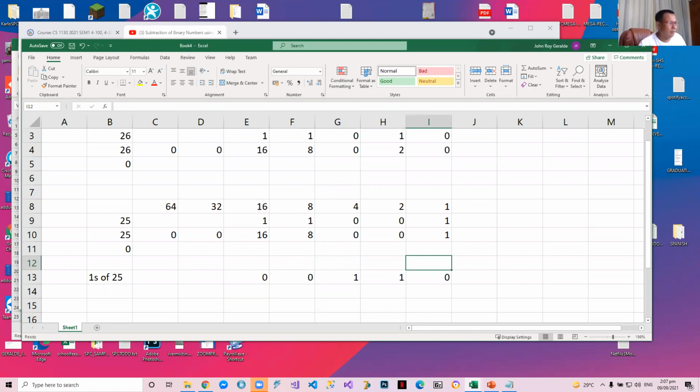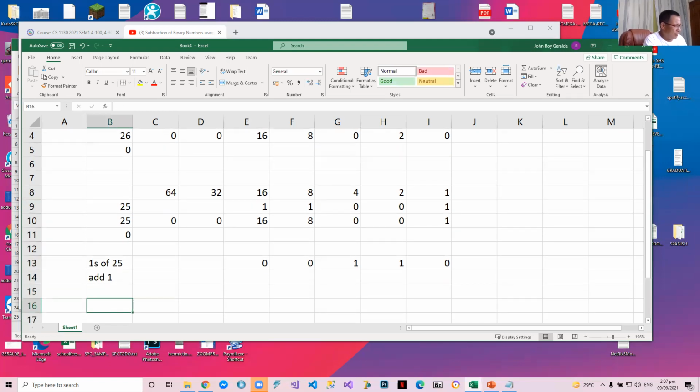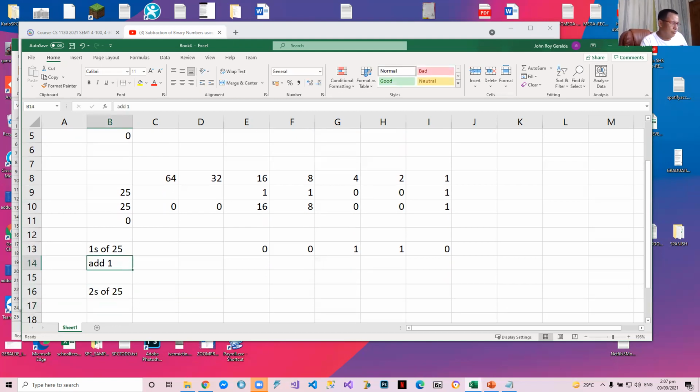So ones complement pa ito, no? And then we add 1. And then this will be the 2's complement. The 2's complement of 25 because we will add 1. Remember, we will add 1 to the 1's complement. I'm giving a row so that we can have a row for the carry.